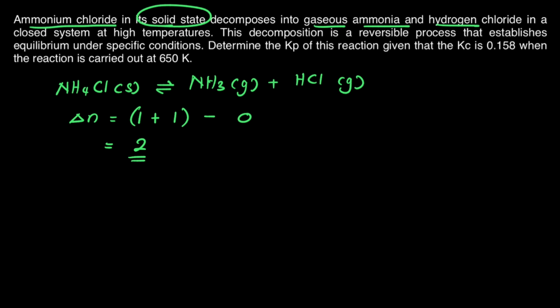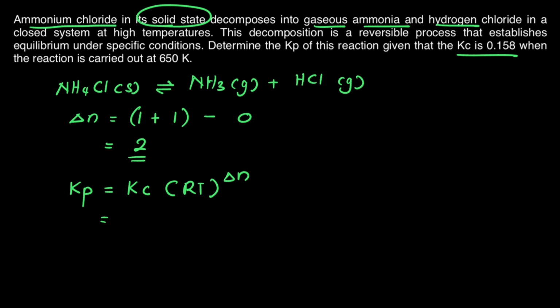Alright, so next up we can calculate our Kp by using the value of Kc that is given in the question. So Kp is equivalent to Kc times RT to the power of delta n.